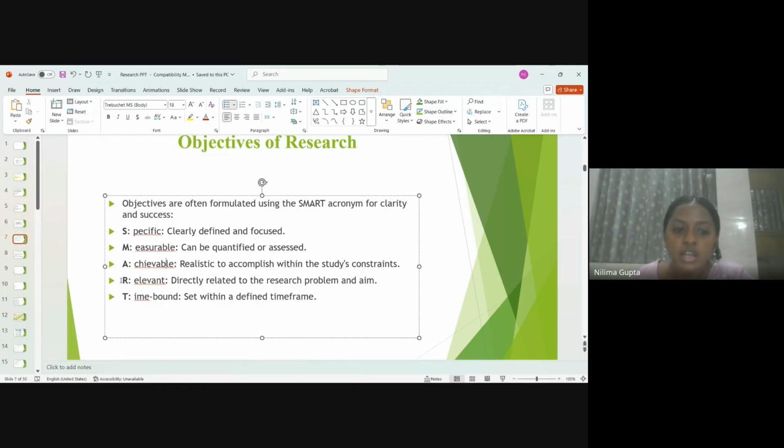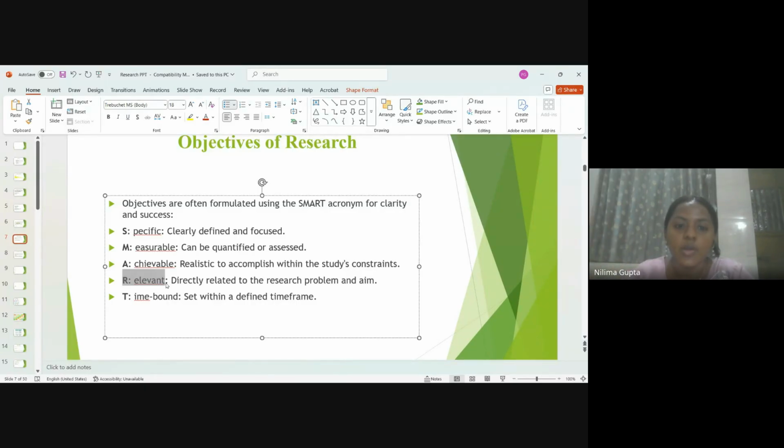Then it should be relevant. Whenever you go for a PhD entrance exam, one question that is always asked is: is your research relevant? Will it be relevant in the upcoming time? Whenever we prepare a research topic, it has to be relevant in the future.